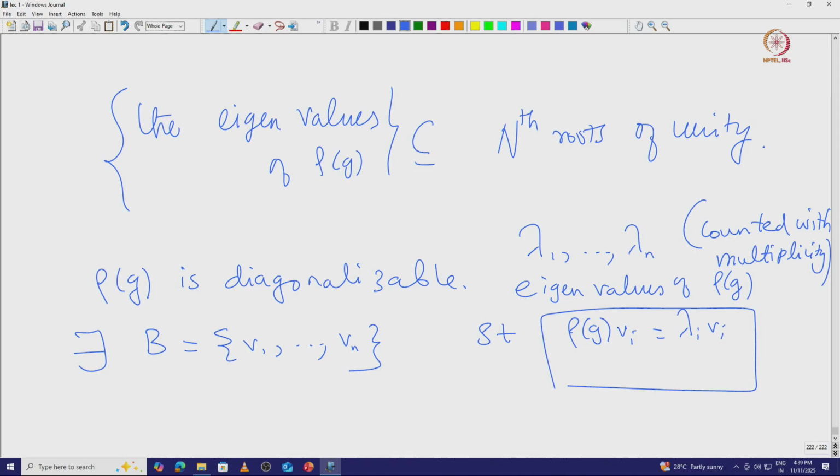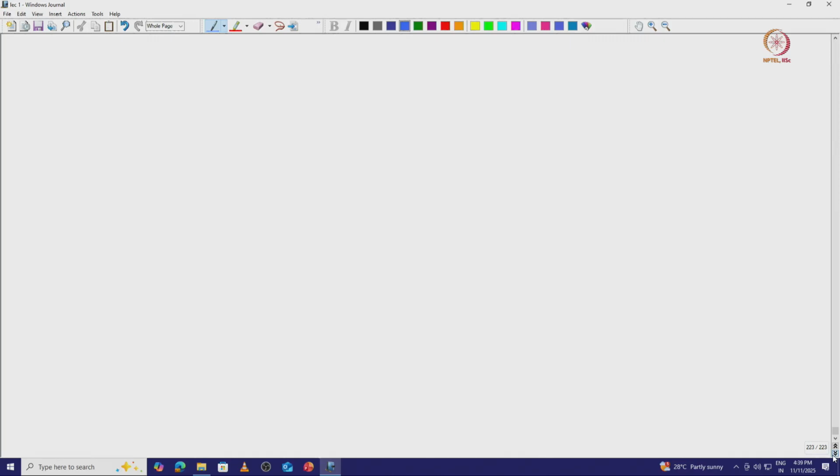That motivates us to look at these eigenvalues, and of course, the information is completely stored in the characteristic polynomial. So, let us call chi A of x the characteristic polynomial, which is the determinant of A minus x times identity, where I am using A for rho of g.